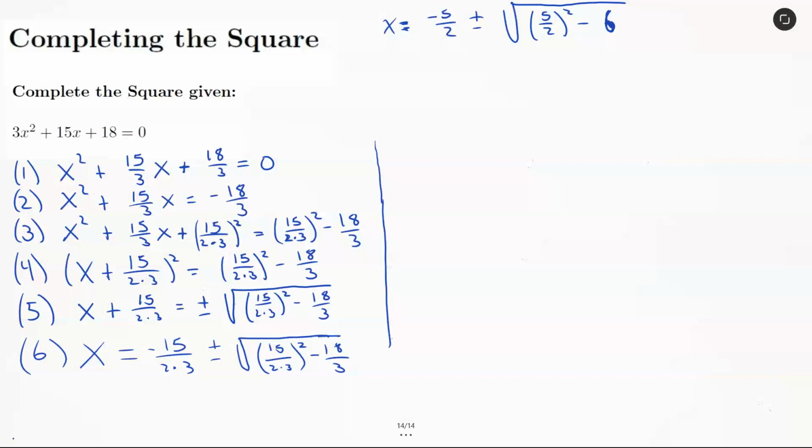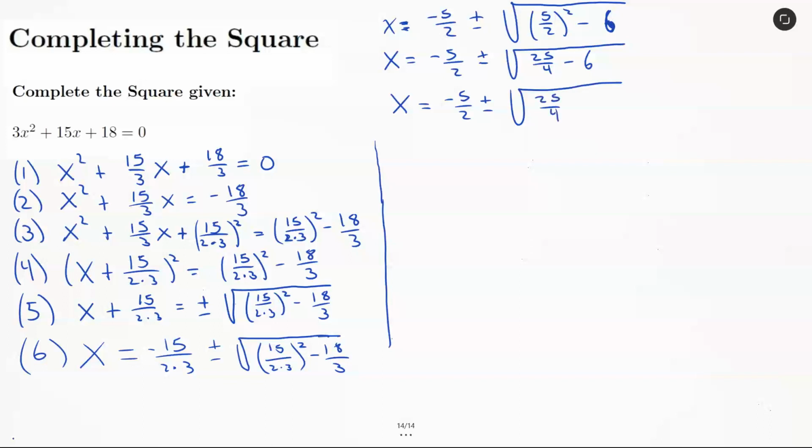Okay? So, negative 5 over 2 plus or minus, and we have the square root of 25 over 4, square the top, square the bottom, minus 6. Now I'm going to go ahead and get a common denominator. Okay, 25 over 4.